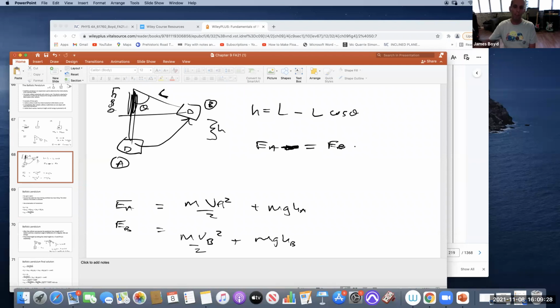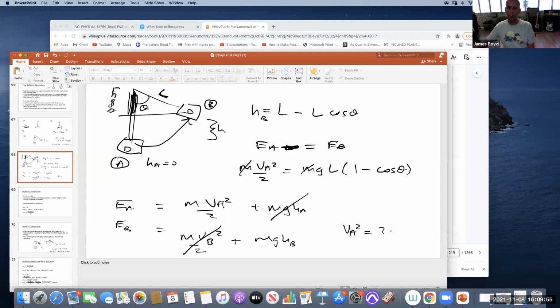Now, I'm going to assume that H at A is 0 and H at B is this L minus L cos theta, so this goes away. At maximum height, velocity is 0. So what I get is m vA squared over 2 is equal to m g hB, which is L times 1 minus cos theta. I can cancel these. So I get vA squared is 2 g L times 1 minus cos theta. That is my final velocity from energy.